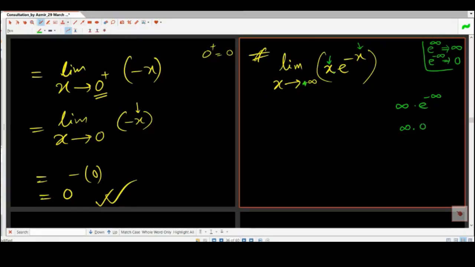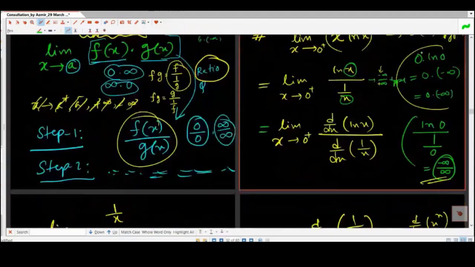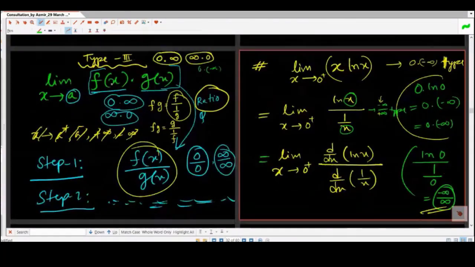So the function that we have with this limiting concept has the type infinity times 0. So we have type 3. That means first we have to convert this product form to the ratio form so that we may have 0 over 0 or infinity over infinity. And in next steps, we have to apply L'Hopital's rule.